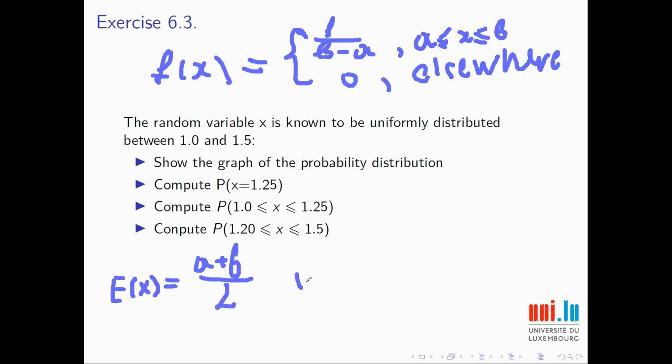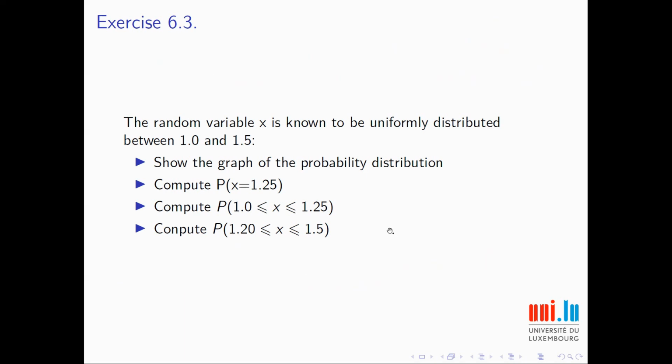And the variance is b minus a, squared, divided by 12. So we have to remember these for the uniform distribution. Here, in the first task, you are asked to show the graph of the probability distribution. So let's just do it.